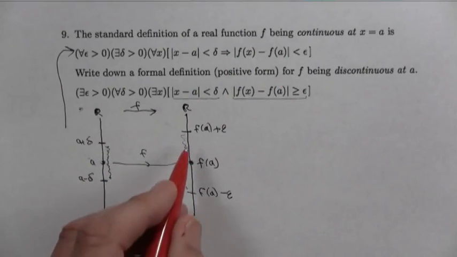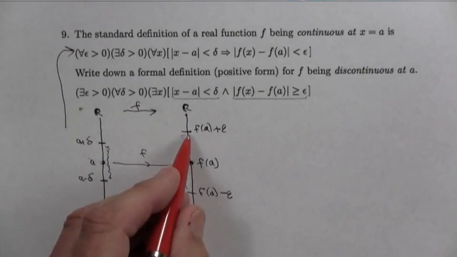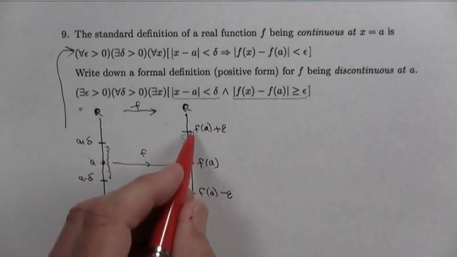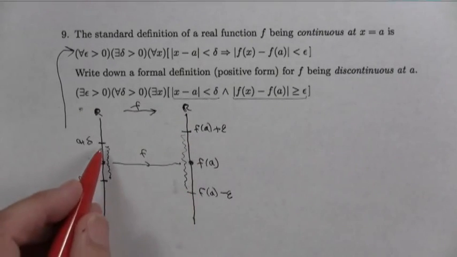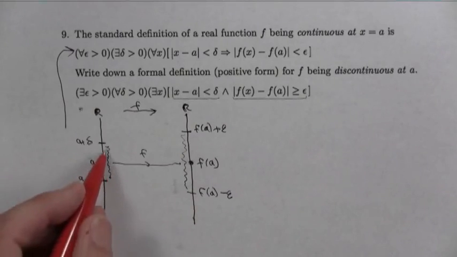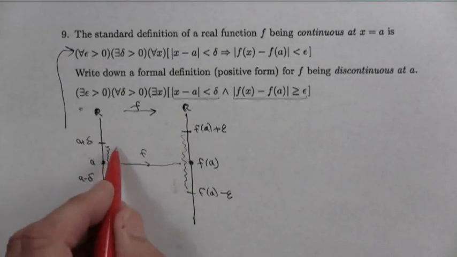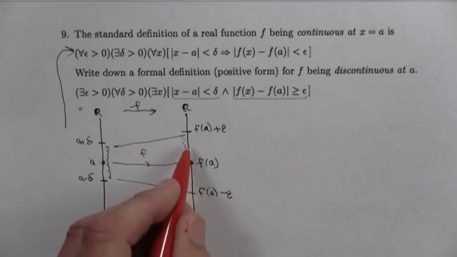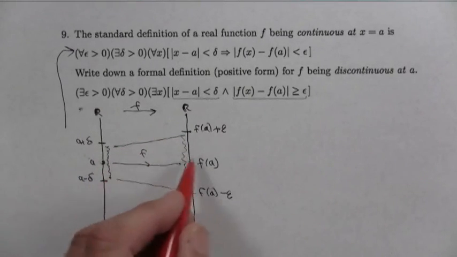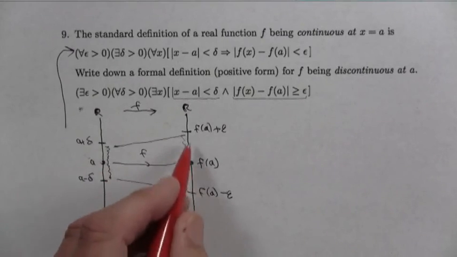So it's saying, in order to make sure that all the values of the function are in this interval, I can find an interval around a such that they're all sent into here. So if I want to hit the target, imagine this as throwing darts at a dartboard.